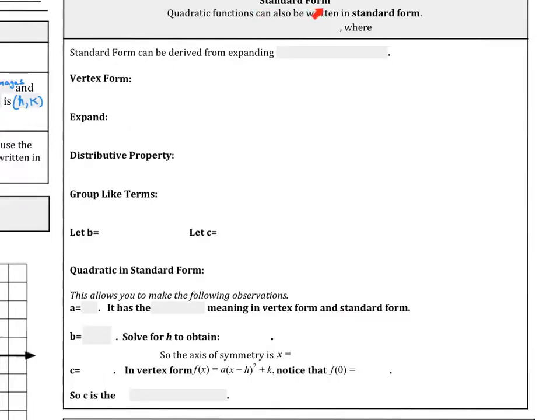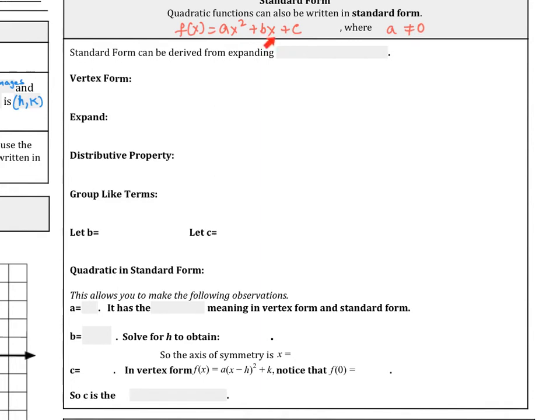Now let's discuss the standard form of the quadratic equation. The standard form for the quadratic equation is f(x) equals ax squared plus bx plus c, where a is not equal to 0. Remember, a is the first term and should not be equal to 0, because if a becomes 0, then the square term will be gone and we will be left only with bx plus c.